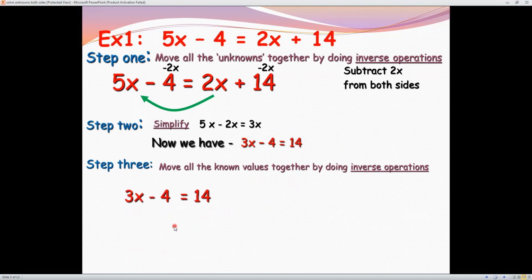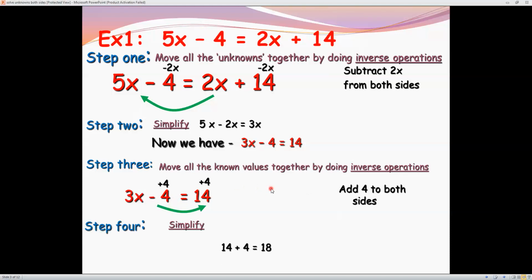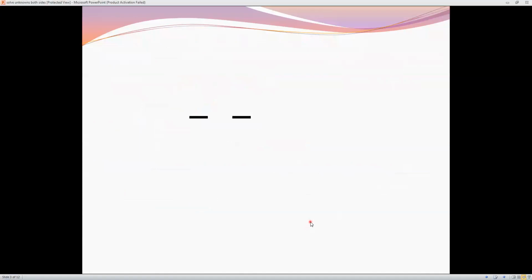So 3x minus 4 equals 14. We are going to move the 4 by adding 4 to both sides. So 4 on this side means 0, and 4 on this side makes 18. Let's simplify it. Now the equation will be 3x equals 18.